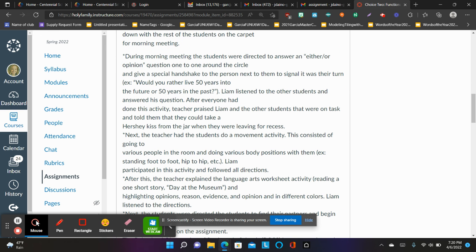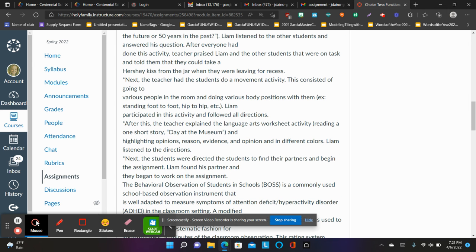During morning meeting, the students were directed to answer an either or opinion question, 1-to-1 around the circle, and give a special handshake to the person next to them to signal it was their turn. Liam listened to other students and answered his question. After everyone had done this activity, the teacher praised Liam and the other students that were on task and told them that they could take a Hershey Kiss from the jar when they were leaving for recess. Next, the teacher had the students do a movement activity.